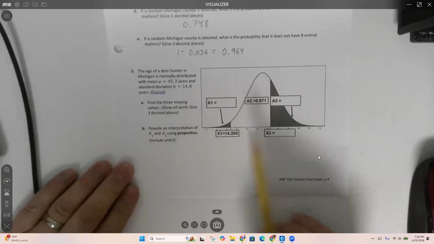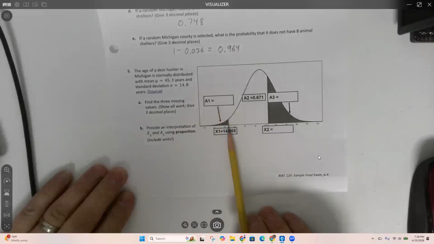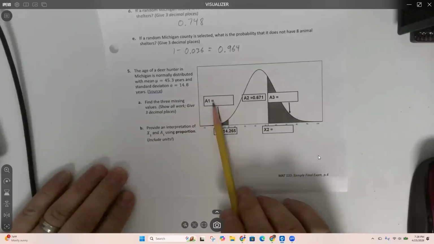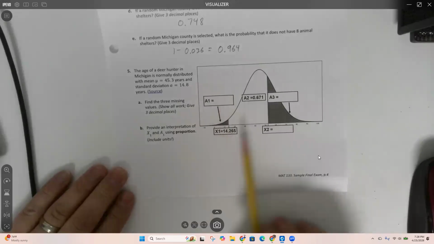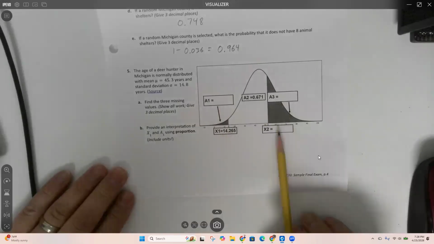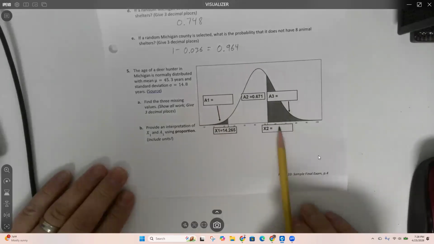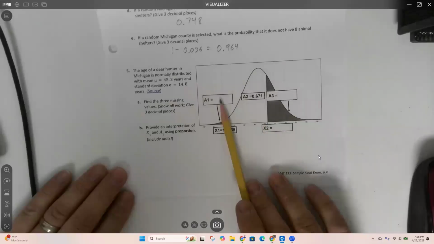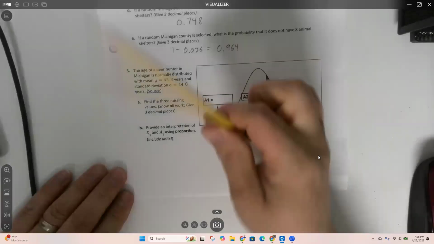Yeah, I agree with you, Gabby. We can find A1 right now. Every Z value has a corresponding probability that goes with it. We can't necessarily find this one yet because we don't have these 2 numbers. But we can find A1 first. I want to start with A1.